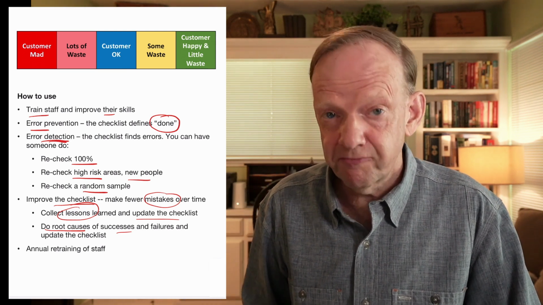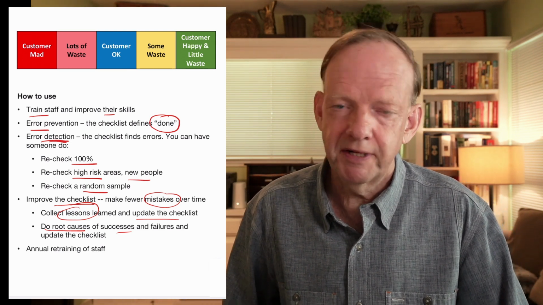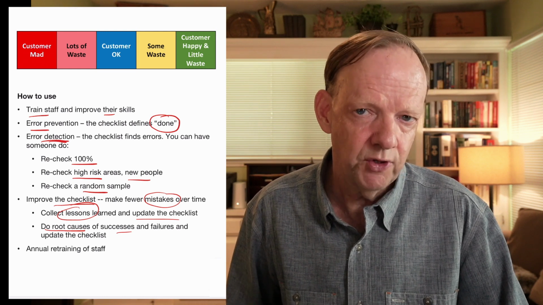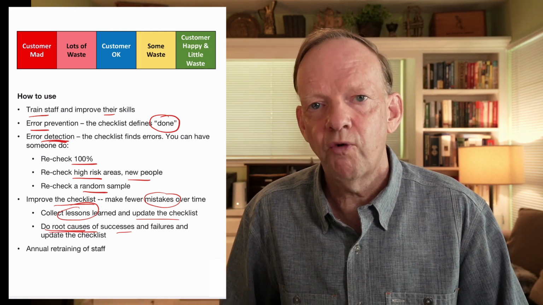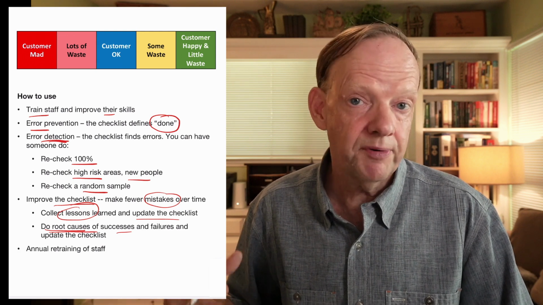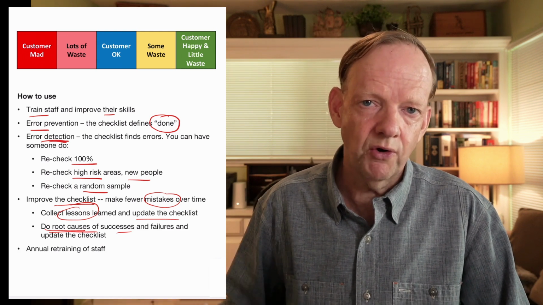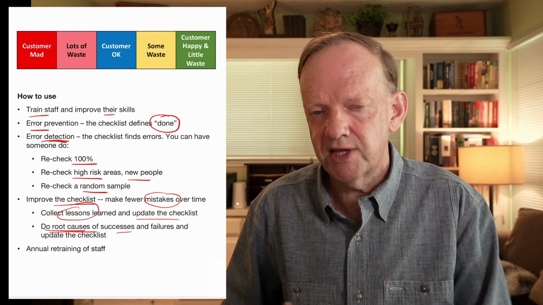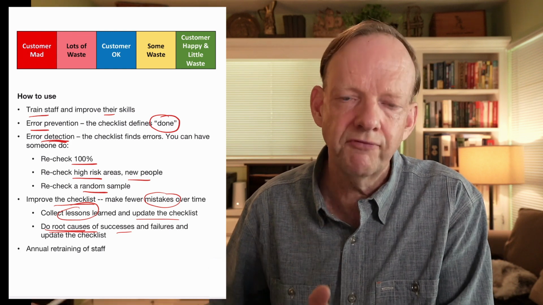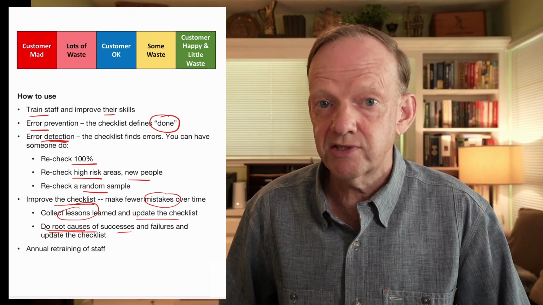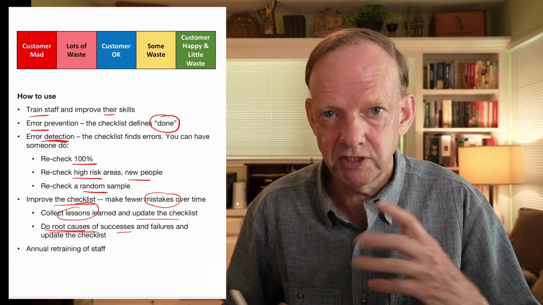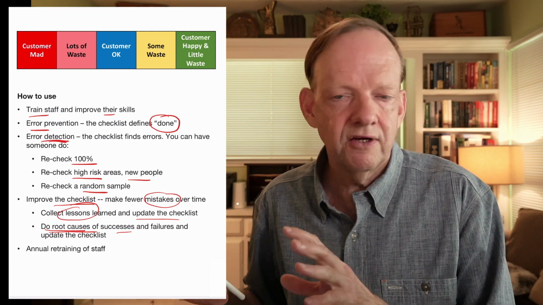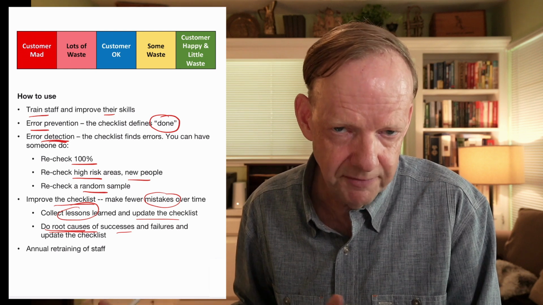Also, from a positive perspective, if you see work being done particularly well by somebody or a team, you can do root cause on that and figure out what they are doing that may not be in the checklist right now that caused them to do that thing well. They sell all the time. They deliver perfectly all the time. There could be things they are doing that could be captured, so it's a root cause of a positive thing. So don't get wed to the first version of the checklist.